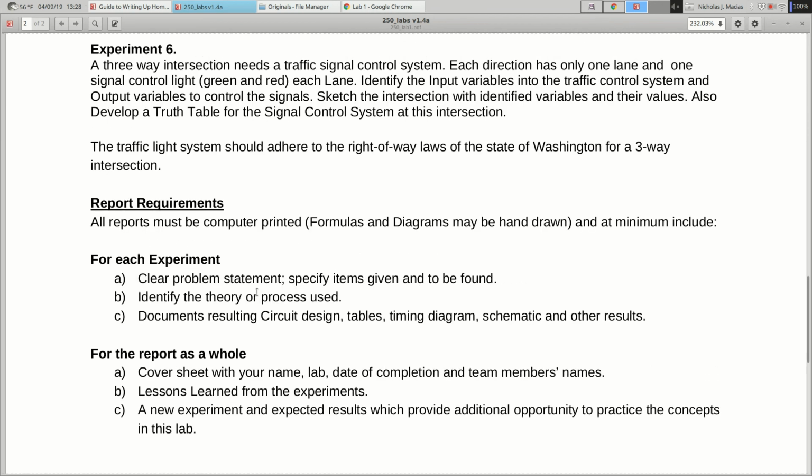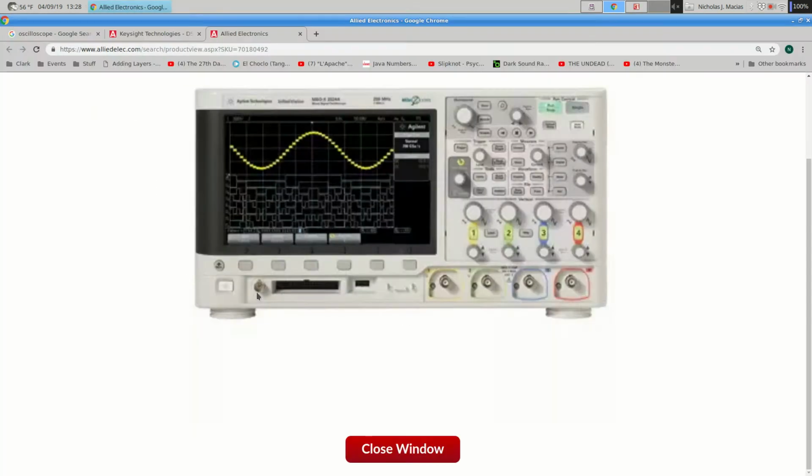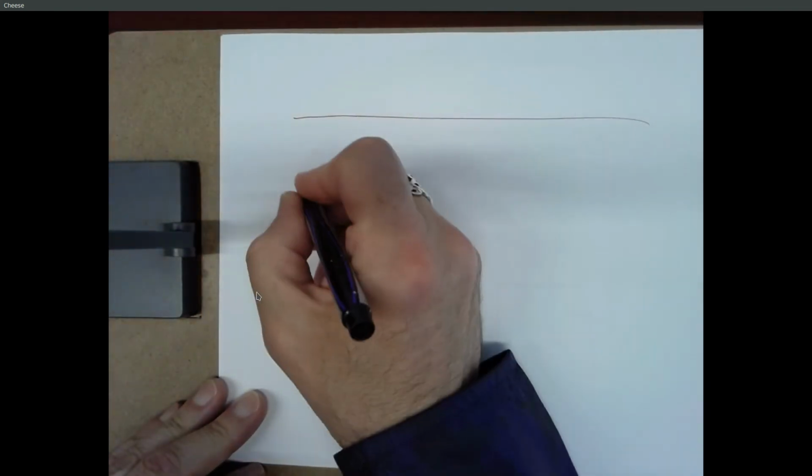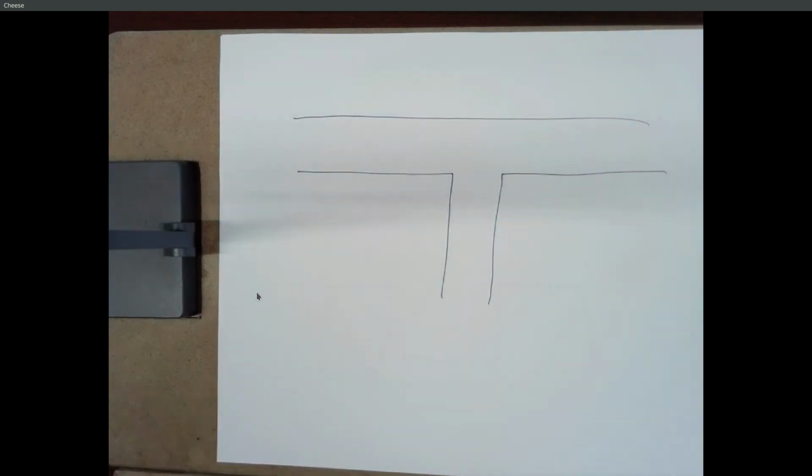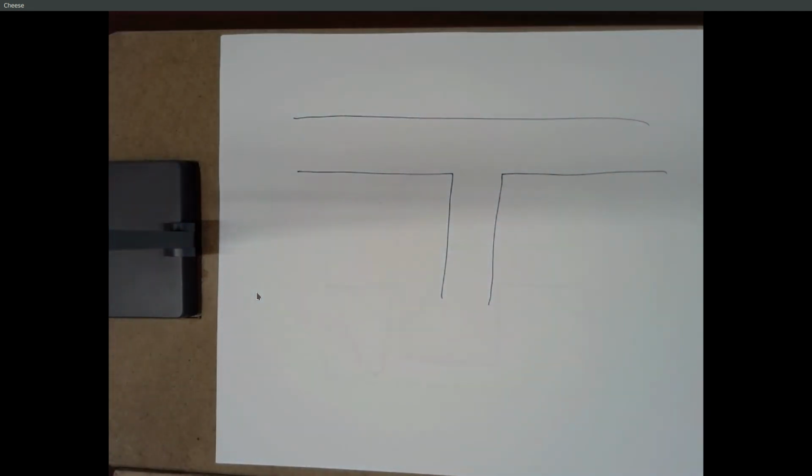All right, let's talk about traffic lights. So we're envisioning a three-way intersection. And this is not written out in the lab, but I would like you to draw your intersections like this, with the T coming down, and I would like you to think about identifying these roads in terms of compass directions.